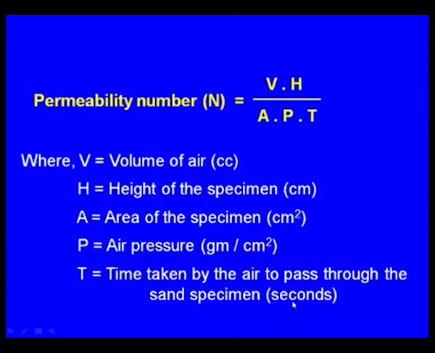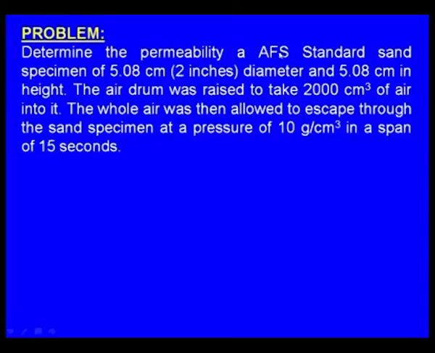Now, let us take a problem. Determine the permeability of an AFS standard specimen of 5.08 centimeters, meaning 2 inches, in diameter, and 5.08 centimeters, meaning 2 inches, in height.